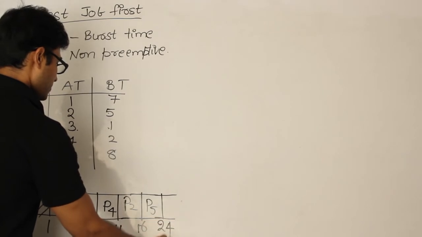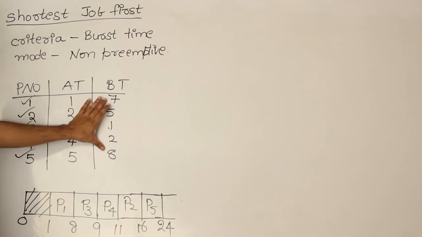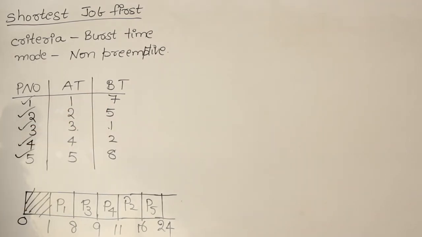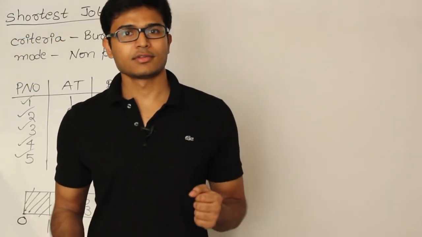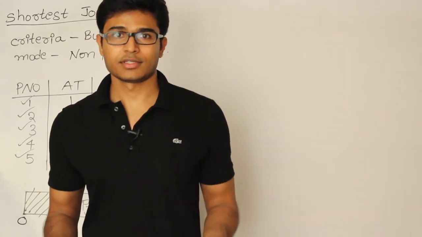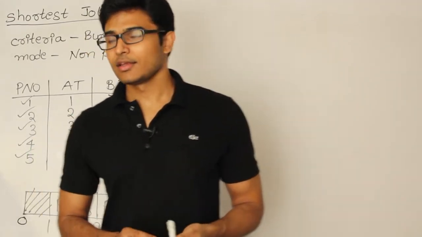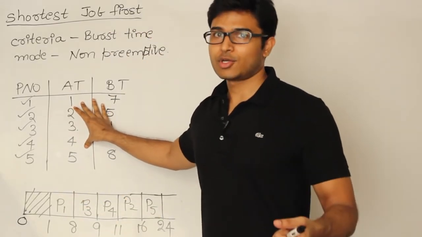Now if you observe, even though it is shortest job first, when you have this many jobs, the question might be: given any random combination of processes with random arrival times, will shortest job first always schedule the shortest job first? It is false. The reason is it schedules the shortest job among the available processes.